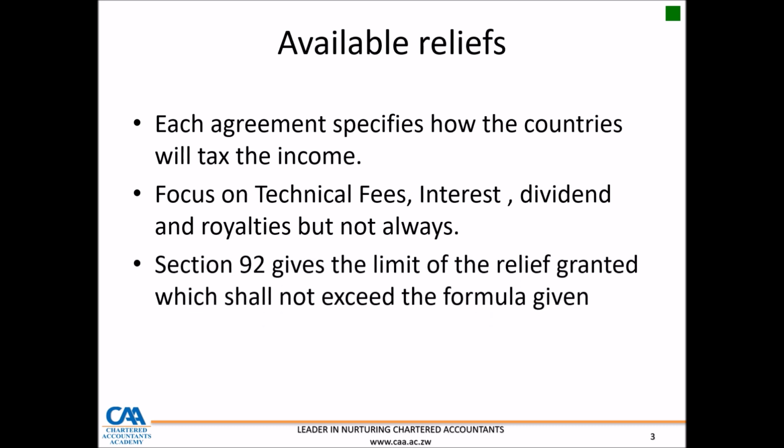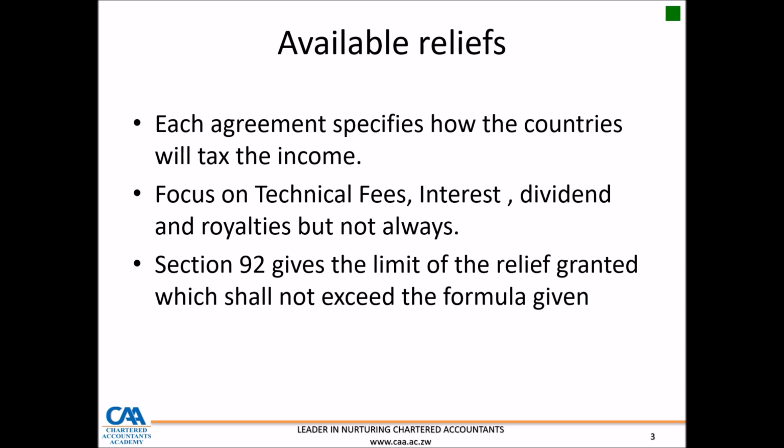Now, as far as reliefs are concerned, Section 92 is the one that limits the relief. It doesn't necessarily give you how much is relieved, it just limits the relief to an amount that does not exceed a given formula. This formula, in short, tells you that it will be the lesser of the ZIM tax that you'll be taxed on that amount, or the foreign tax that you've paid.